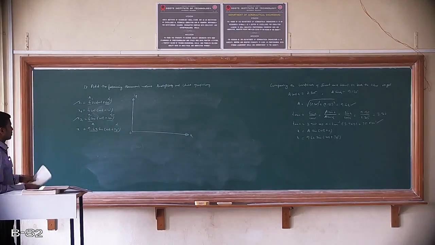First you have to draw a vector x1 with an amplitude of 6 and angle alpha of 60 degrees with the OX axis.